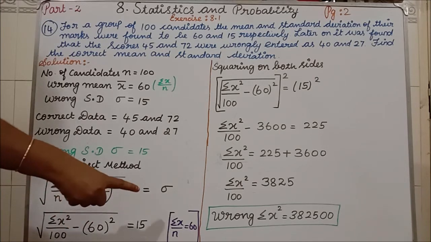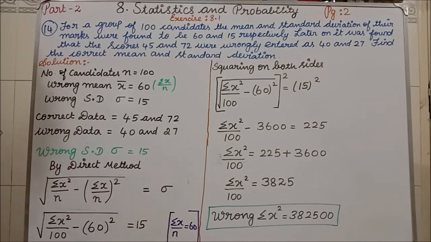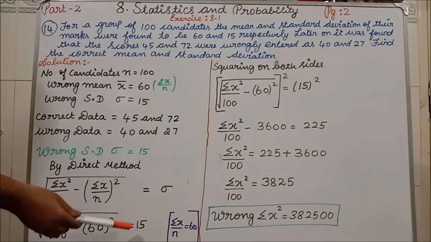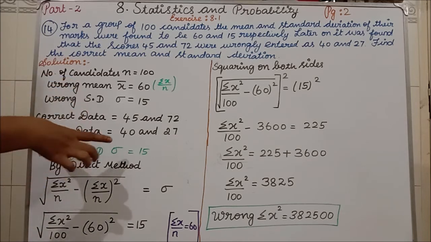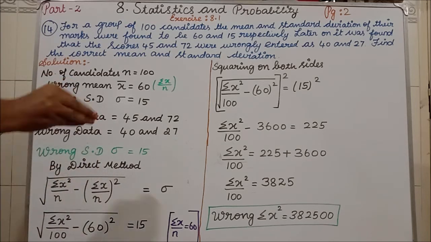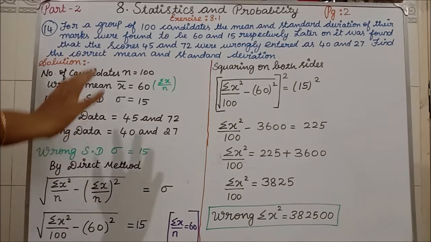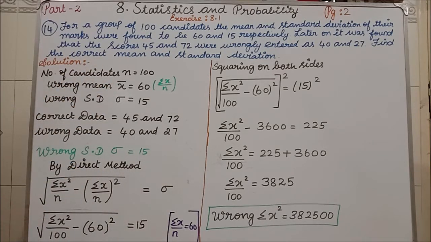Wrong sigma is 15. Using the wrong standard deviation, we are applying all the wrong values, so we can find the wrong summation x square. After finding the wrong summation x square, we can find the correct summation x square. How did we do the correct mean? The same procedure only we are following here. Clear, all of you?